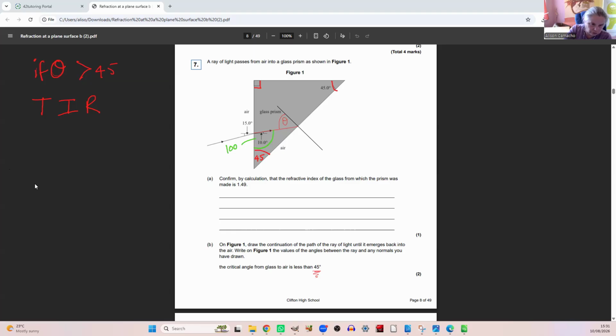So if we've got 100 as one of our angles and 45 as another one of our angles, what's the blue angle got to be? This needs to be 180 minus 100 minus 45, which gives us 35 degrees. So if the blue angle is 35, what then is theta? Yeah, so theta is 90 minus 35.